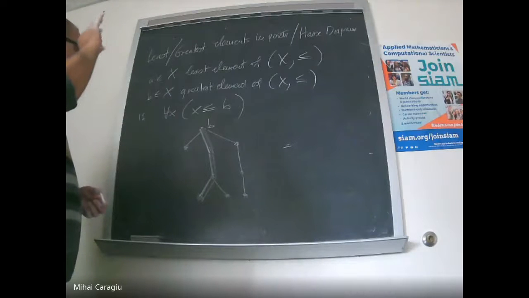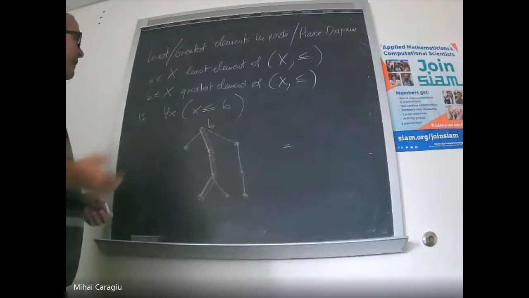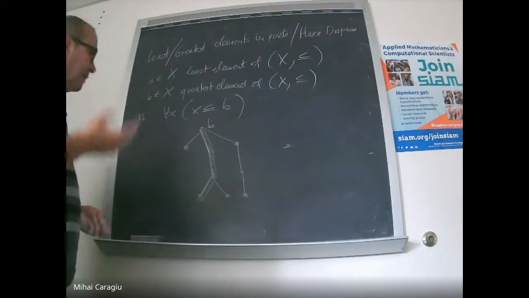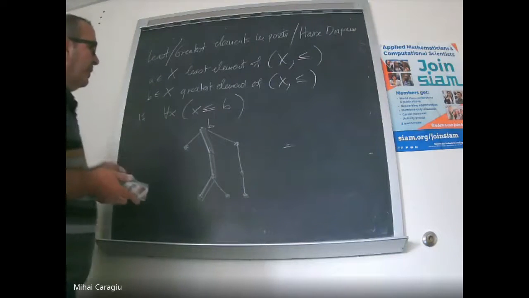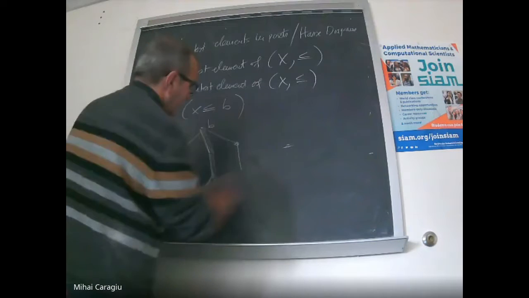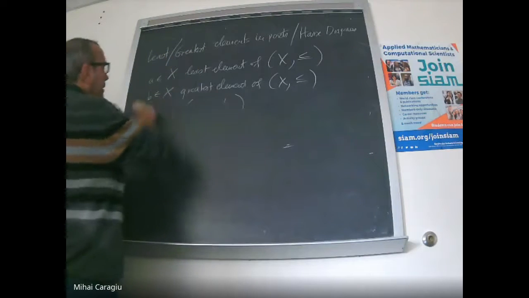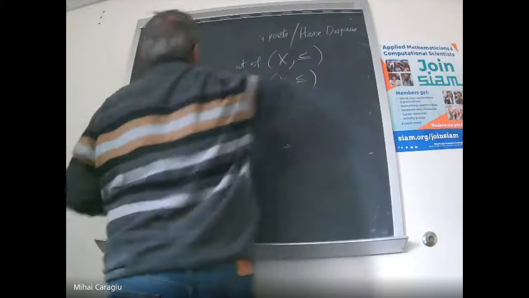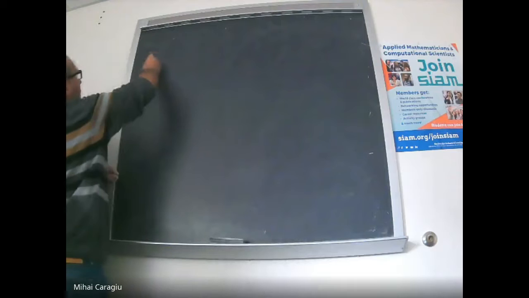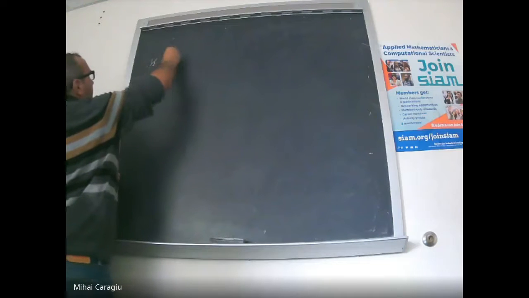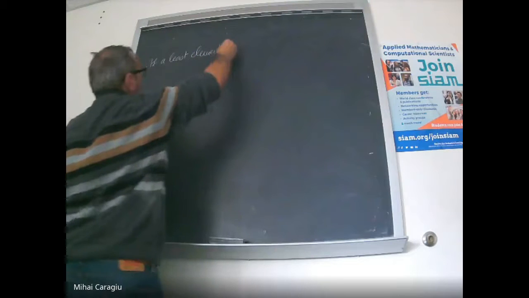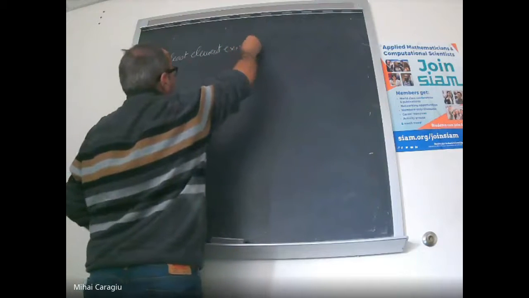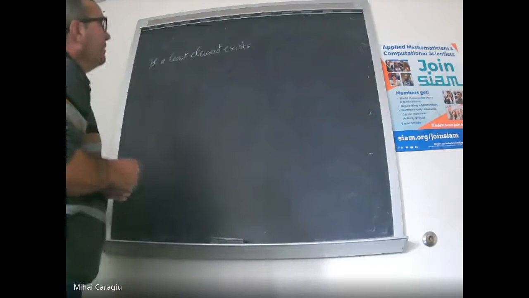I use the term "the greatest element," but this needs a little bit of explanation. This follows from two important theorems, which are dual to each other. So, if a least element exists, then it is unique.